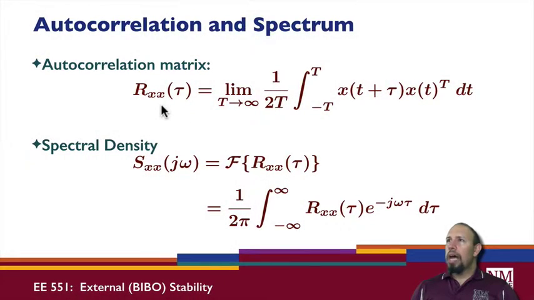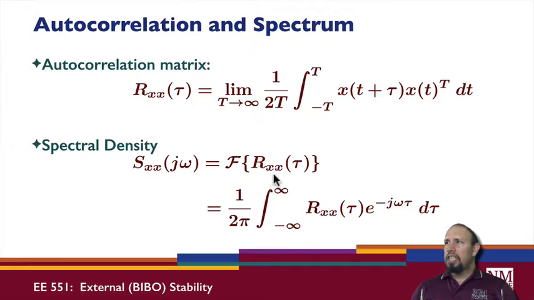We can also talk about these quantities, the autocorrelation matrix. So this is how the function x relates to itself over all time. We take the limit as T goes to infinity of 1 over 2T, and you notice that the integration goes over an interval of 2T. And so this is the autocorrelation matrix.